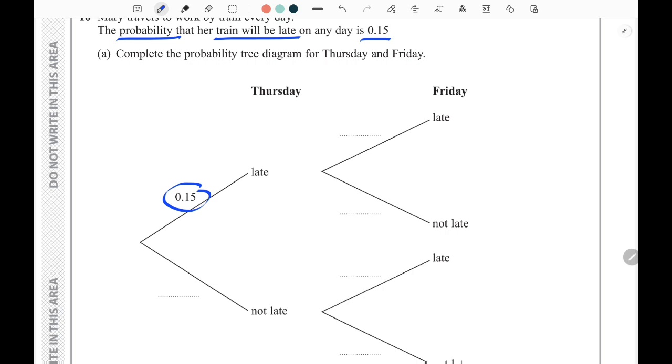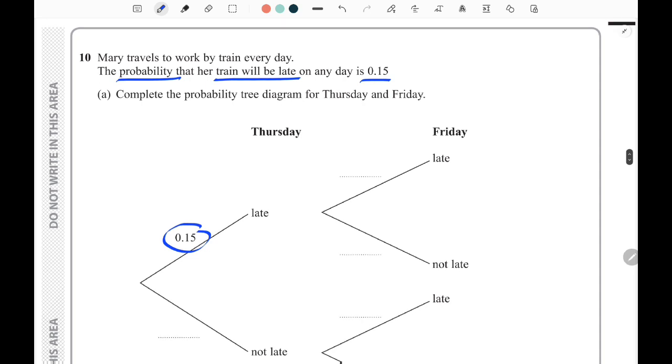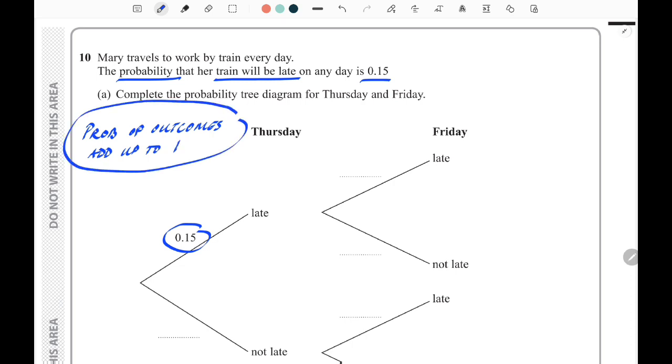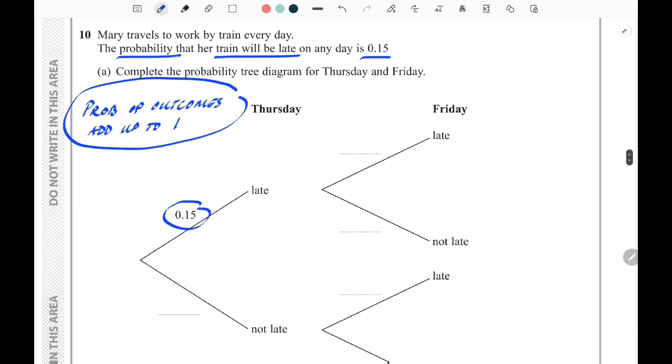And remember the rule: the probabilities of the outcomes add up to 1. That is a really important fact that you must remember.